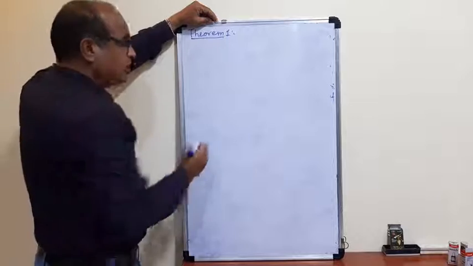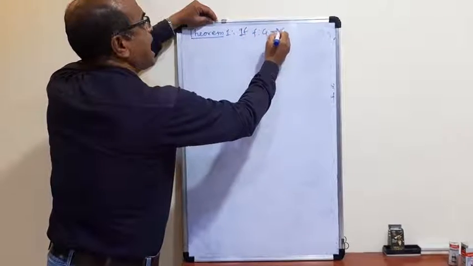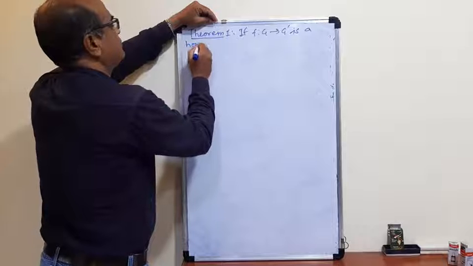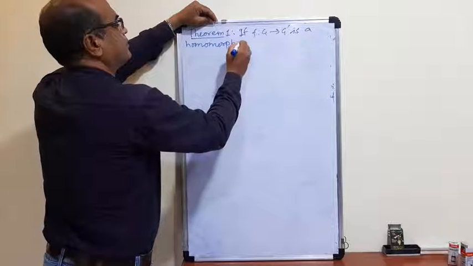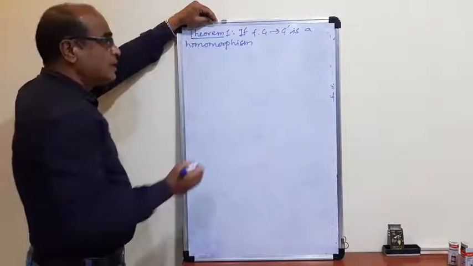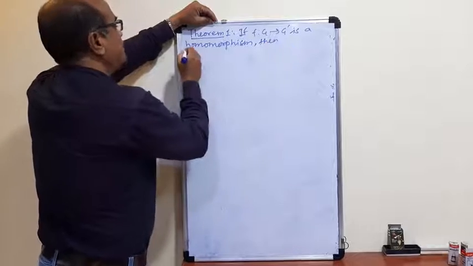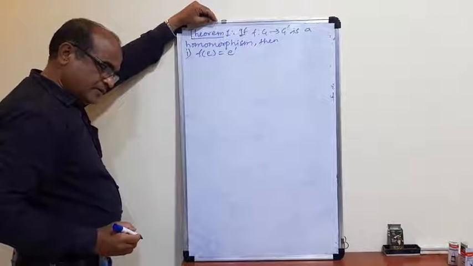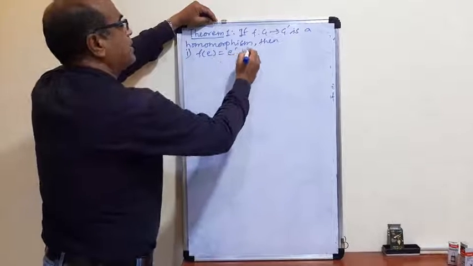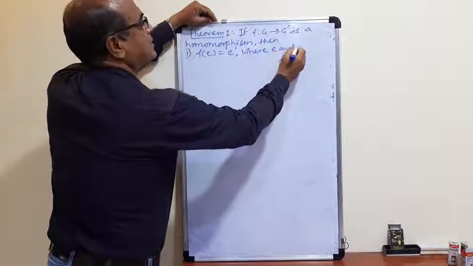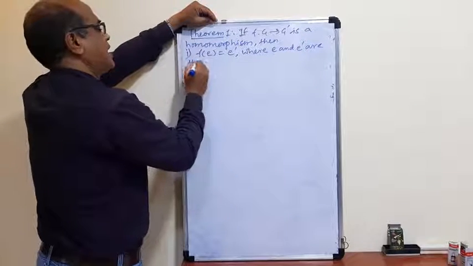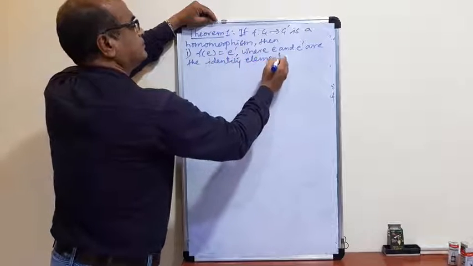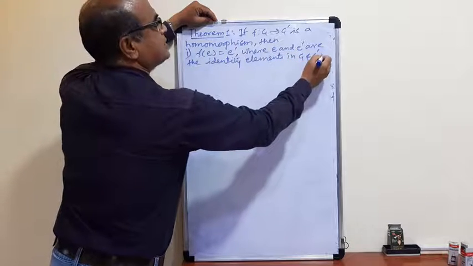So what is theorem 1? If a function f from G to G' is a homomorphism, then one, prove that f(e) is equal to e', where e and e' are the identity elements in G and G' respectively.